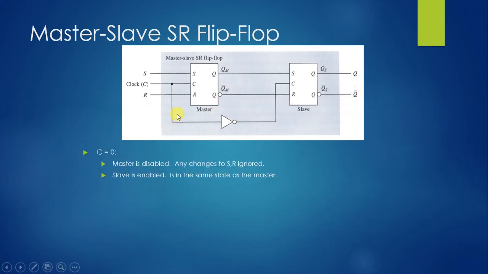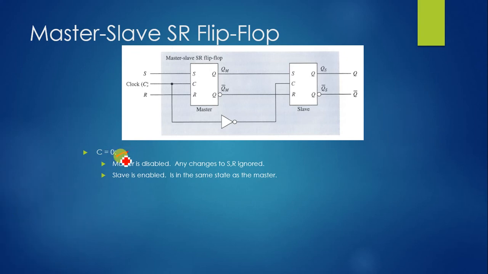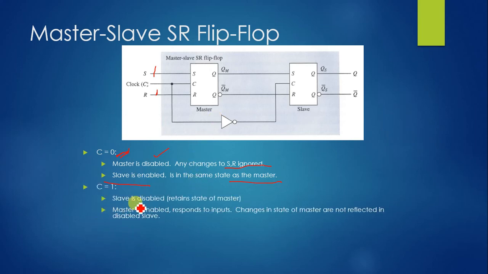So look at this. When C is equal to 0, master is disabled. Any changes to SR are ignored. Slave is enabled in this state. Whenever C is equal to 1, slave is disabled and retains the state of master. Master will respond to input.